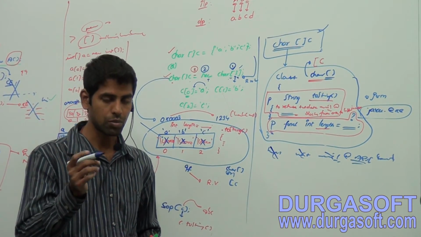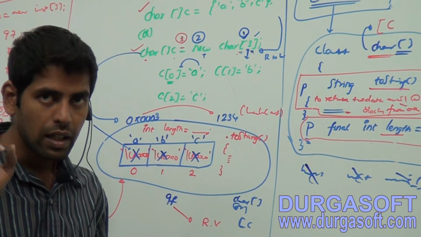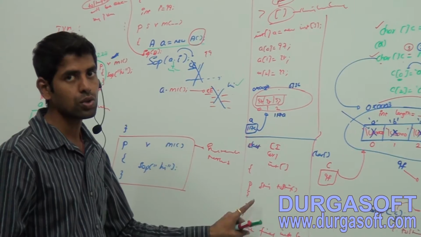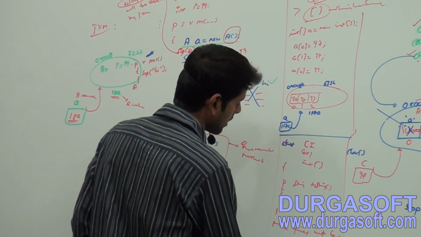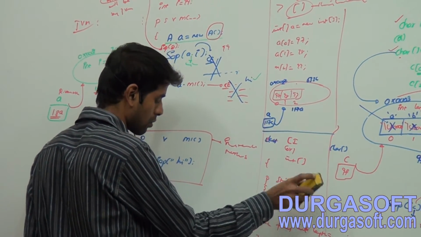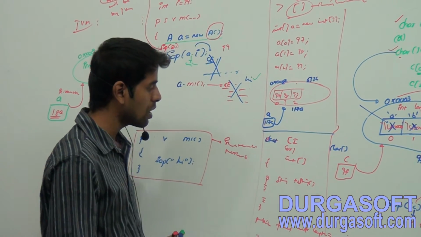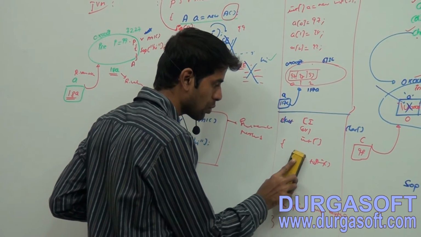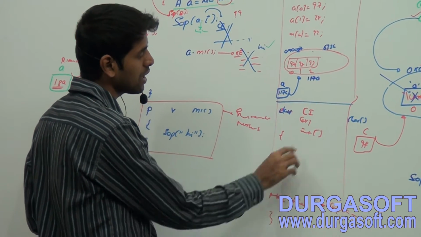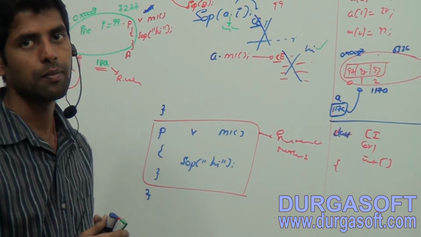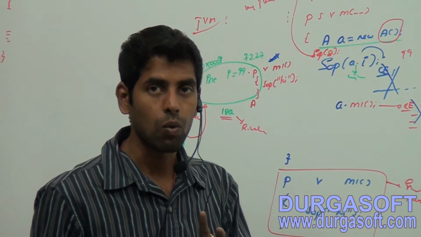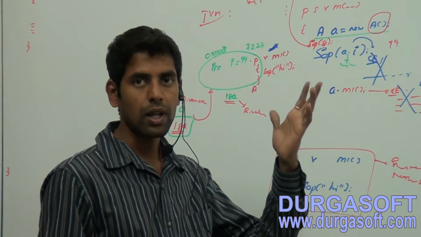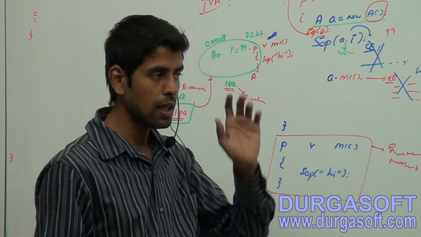Now observe, they didn't override the ToString method within integer array, and they didn't override the ToString method in byte array, short array, long, float, double.